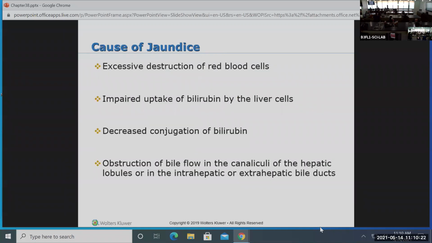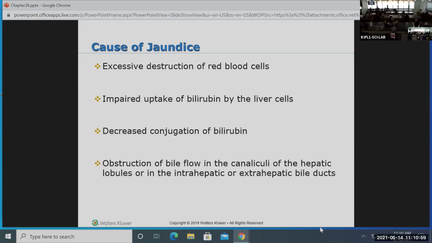Okay, jaundice. Causes of jaundice. Number one, excessive destruction of red blood cells. How will jaundice happen here? Look at the pathology: accumulation of bilirubin.